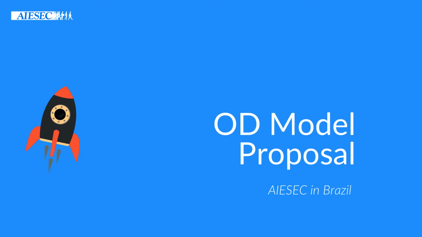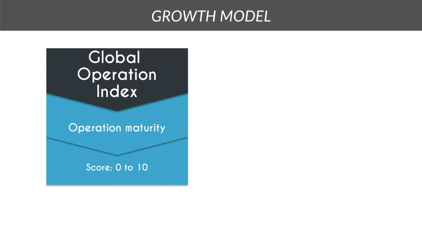When we talk about the growth model, we created an index. There is this global operation index, which tells us the operation maturity of each of the operations of an LC, but also the operation maturity of that entity. So we did some math with the average of every operation index of every operation, but the focus area has more weight in this average.